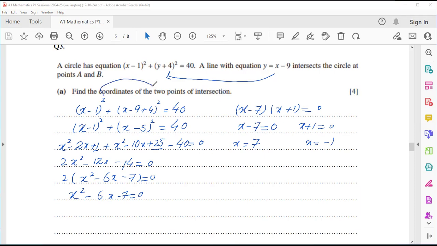Coordinates of the points means you need the values of x as well as the value of y. So you have to use the second equation, y equals x minus 9, to get the value of y. So this value of 7 when you put over here, 7 minus 9, that becomes minus 2, and put the second value minus 1 over here, that becomes minus 10.